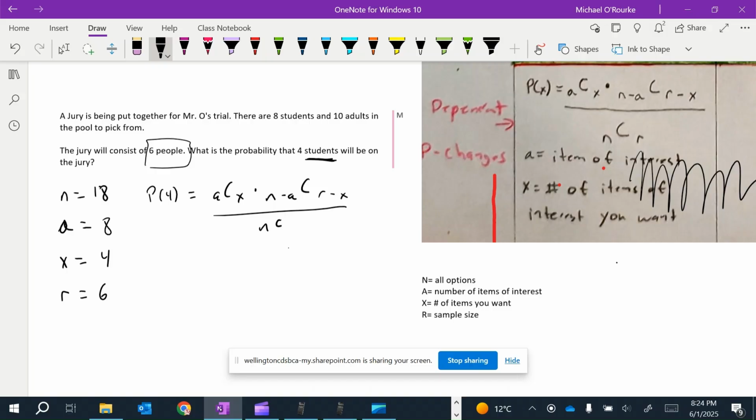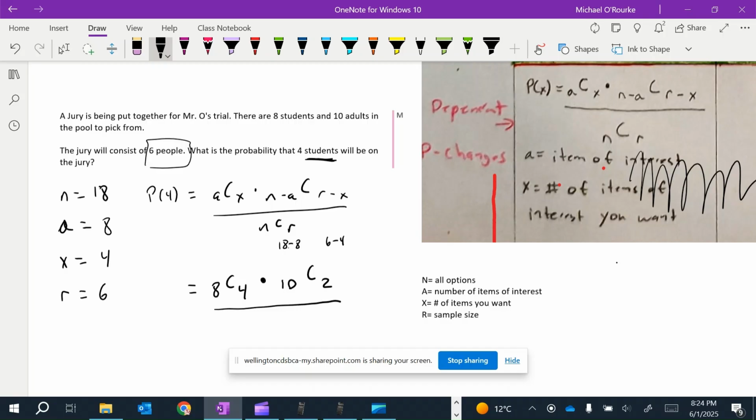divided by NCR. So the way I look at it, we have 8 students. We want 4 of them. Then of the rest, we have 10 adults, and we need 2 of those. Realistically, that is 18 minus 8 gives us 10, and 6 minus 4 gives us 2.